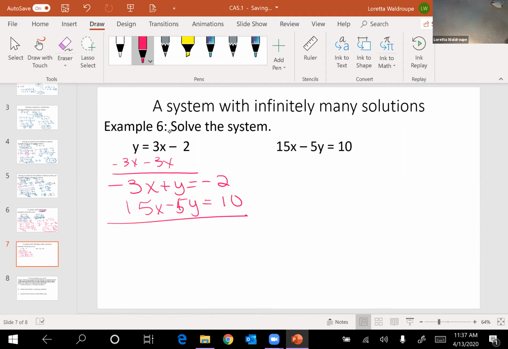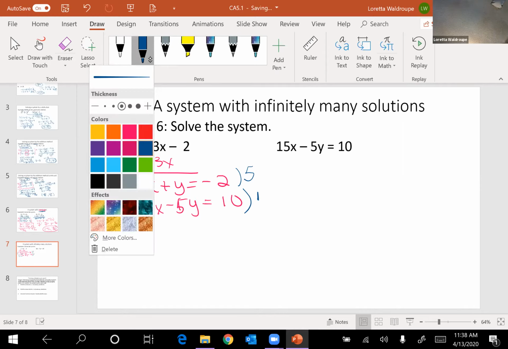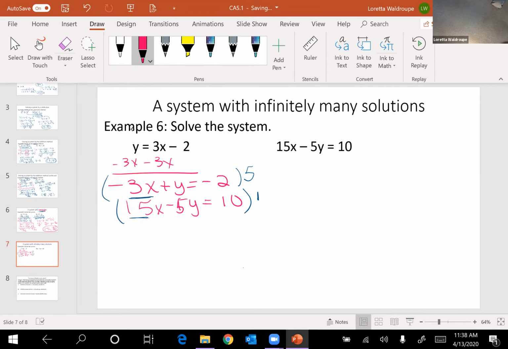Now, before I add, what am I going to multiply them both by? If I get rid of my x's, 3 and 15 go into 15. So I've got to take my first equation times 5, my second one times 1, and my x's already have the opposite signs.